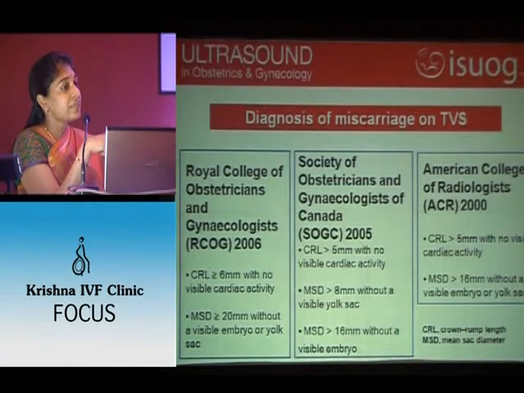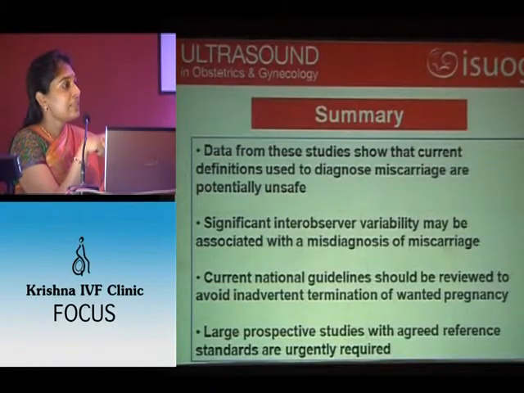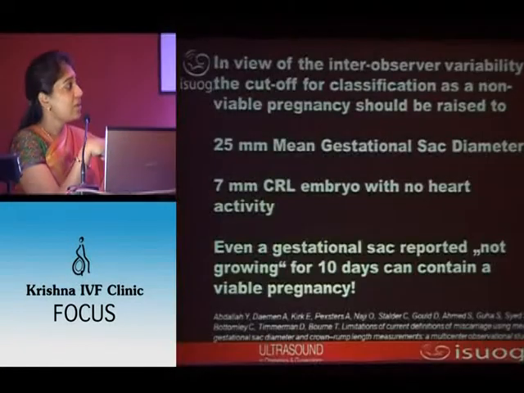And again, there is some difference in the CRL. Some say it is 5, some say it is 6. But all this data is not sufficient for us to say, because we may diagnose a wanted pregnancy as abnormal and try to terminate. So the recent guidelines say it is 25 millimeters of mean sac diameter.